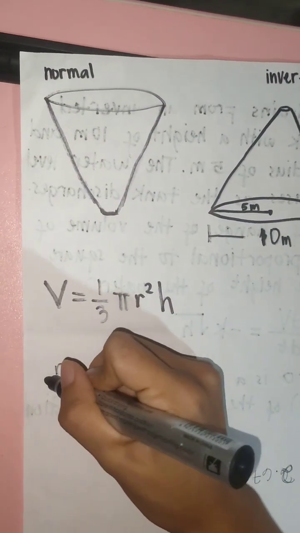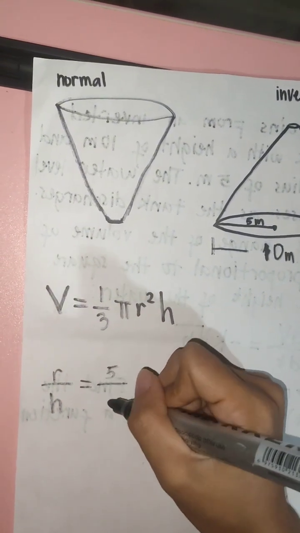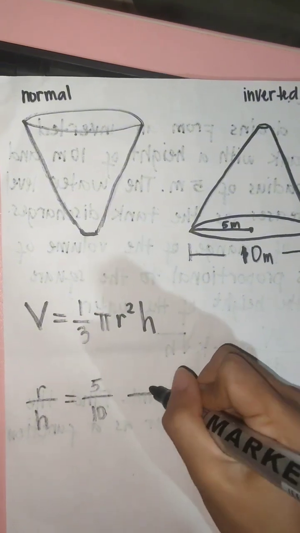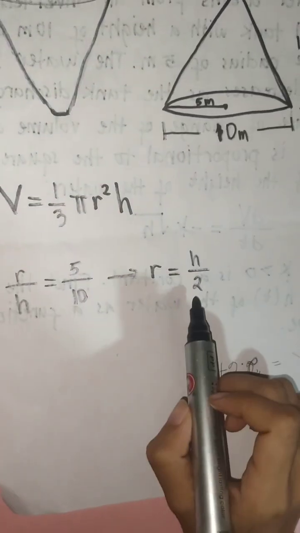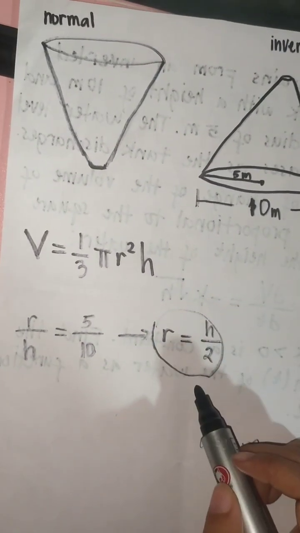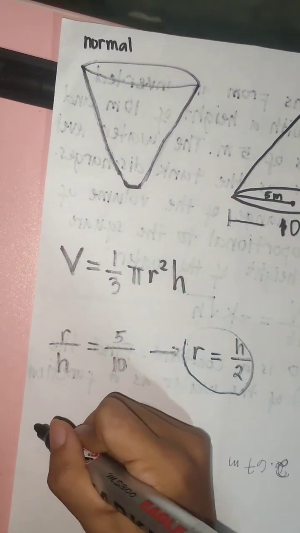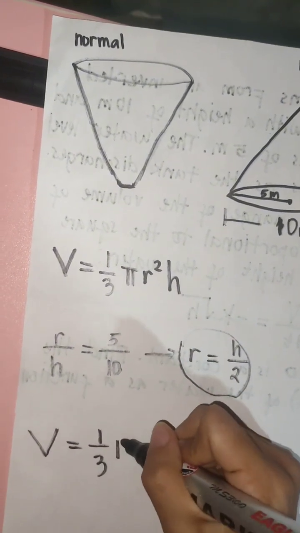Since the cone is inverted, the radius and height are proportional. So we have r over h is equal to 5 over 10, or r is equal to h over 2. We substitute this into the volume formula.